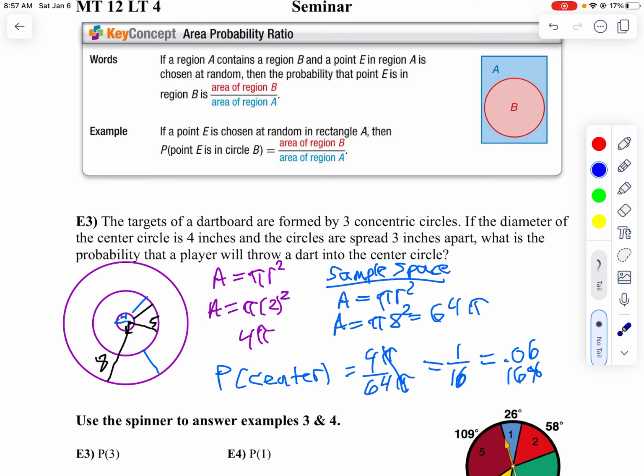They want to be in the center. So the better skilled you are, the higher probability that you would hit the center circle. So mathematically, it's 16. Why is it 16%? Wow, that is embarrassing. It's 6%. Mathematically, it's 6%. I think I copied down the 16 in the denominator instead of the 6.